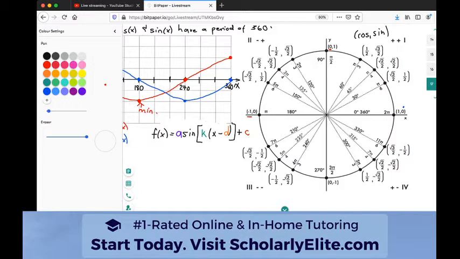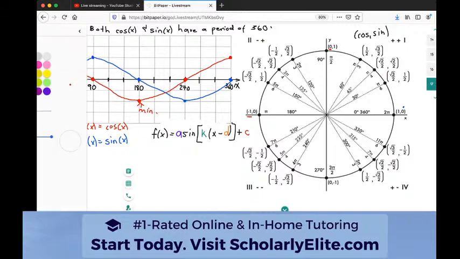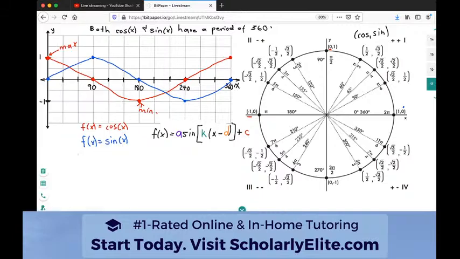Okay. I highly recommend you guys write this formula down. I'm going to write it all with one color as well, just to make it a little bit easier for you to see. So we've got f of x equals a sine k, x minus d, plus c.